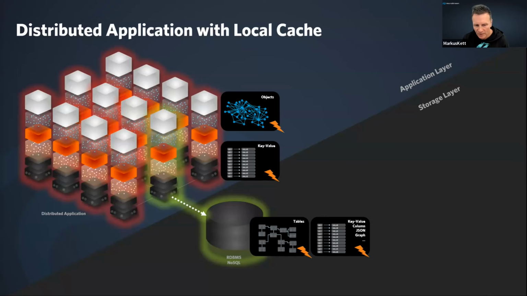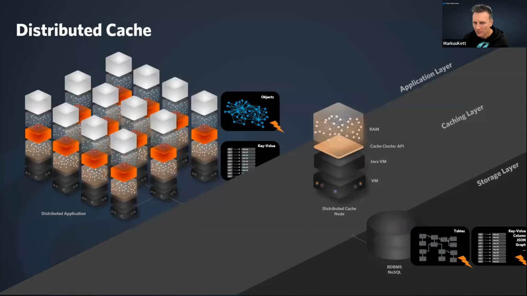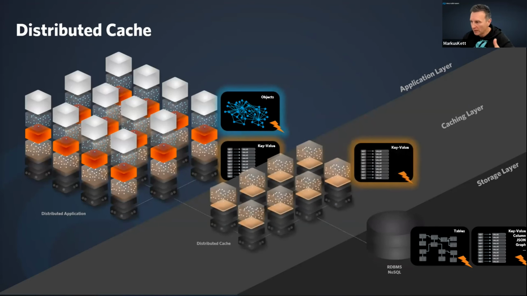So this is the reason why in traditional database applications we need an in-memory data grid or a distributed cache, and so we add another layer. We have to add another layer in between. So you start another cluster. For instance, you can use Redis for that, or Coherence. So this is the common way to do it.